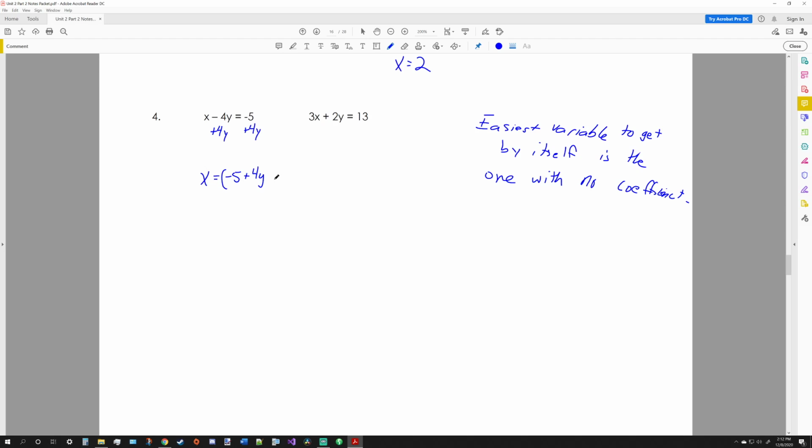So when I go to plug in, I have to plug in for the x. So I'm going to plug that in right there for x. I get 3 parentheses negative 5 plus 4y, plus, I've got to continue with the rest of this equation, 2y equals 13.